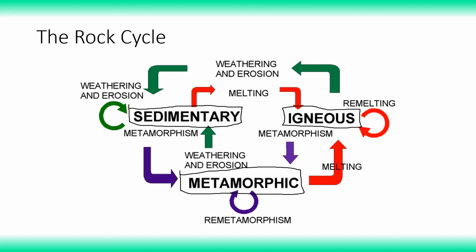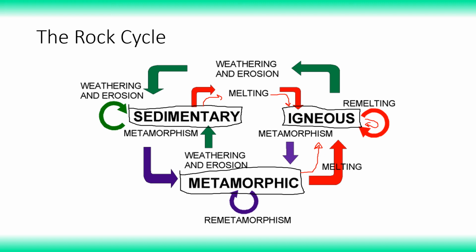So you can see that a sedimentary rock can become an igneous rock, because if it melts and then cools and crystallizes, something that's cooled and crystallized is an igneous rock. If an igneous rock melts and then cools and crystallizes, that's just going to be a different igneous rock. And a metamorphic rock, if it melts and then cools and crystallizes, will also be an igneous rock. So in this way you can see that any of the three rock types can become an igneous rock.